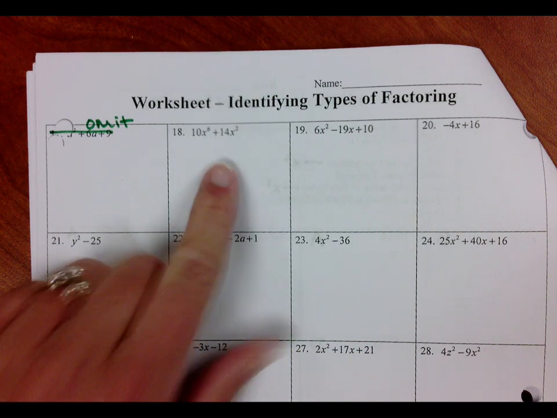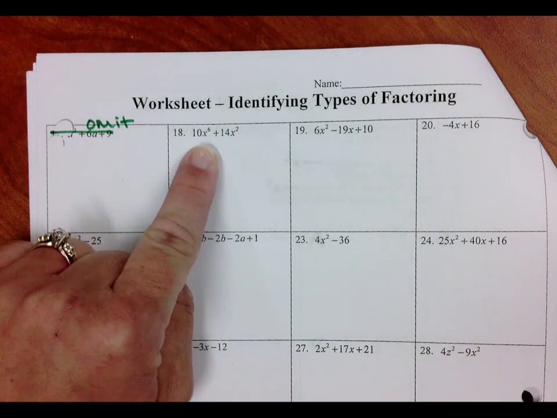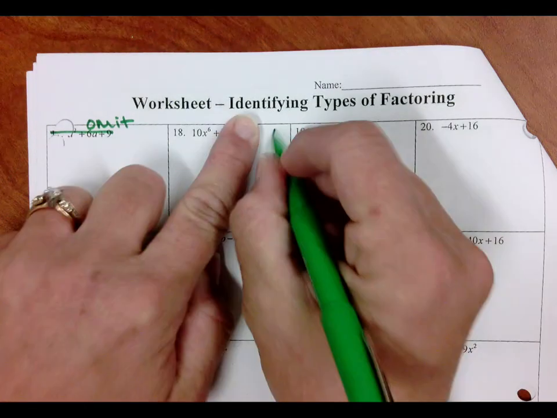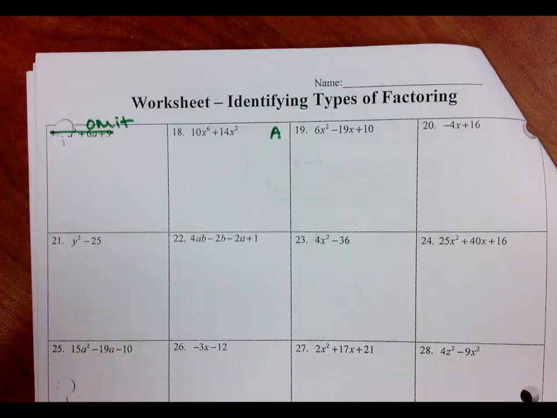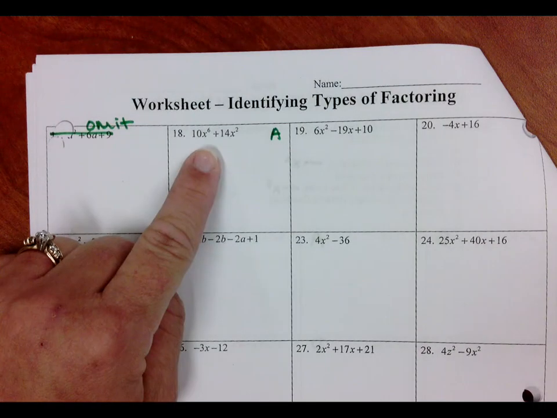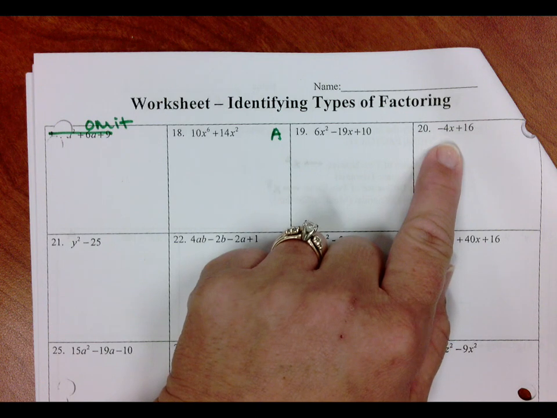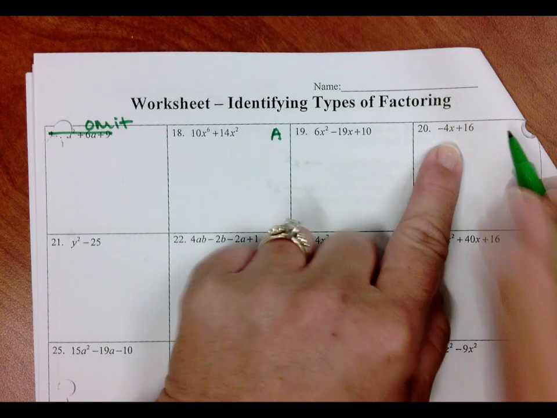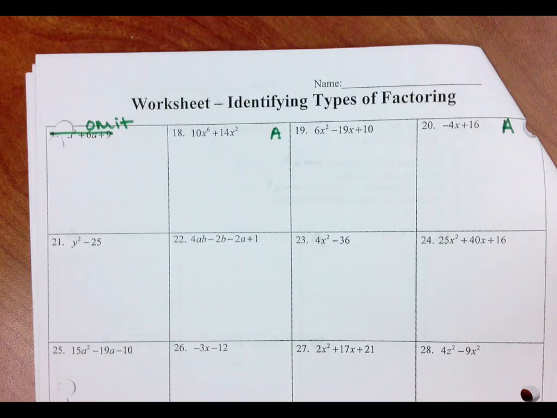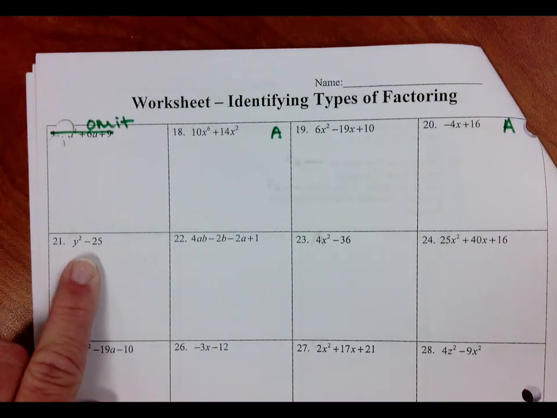All right, 18 has a lot more than 2, right? So it's definitely a GCF. It might be a difference of squares after you take it, but it's addition, so it couldn't be. Okay? So it's just a GCF. What about 20? It's not squared or cubed, right? So it's just a GCF. 21?